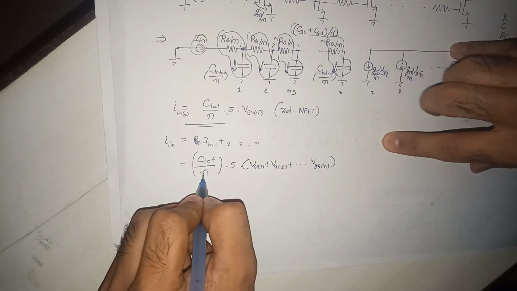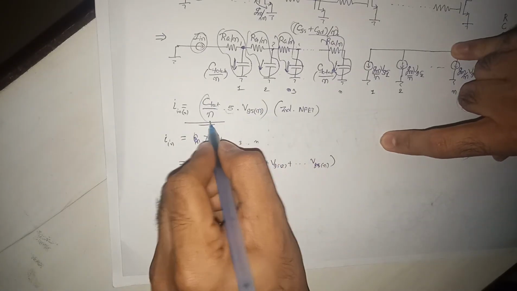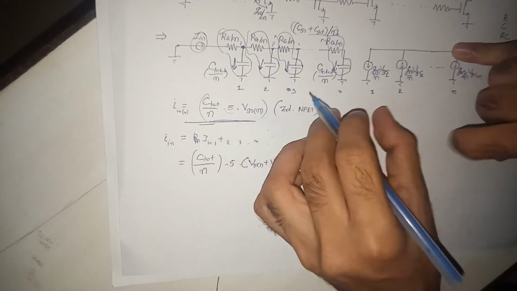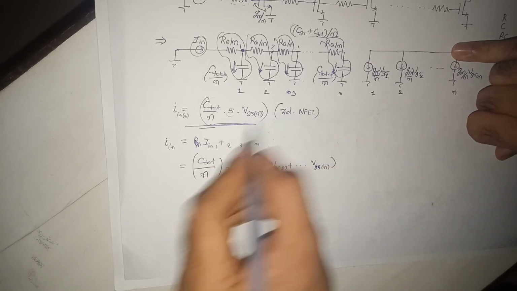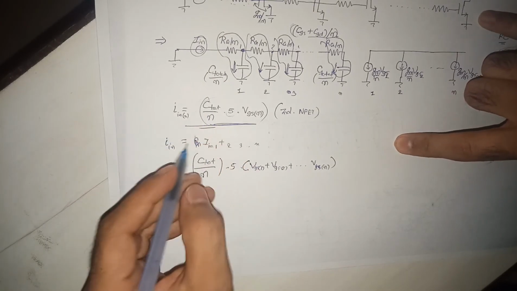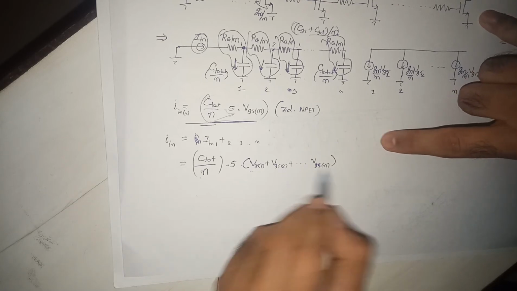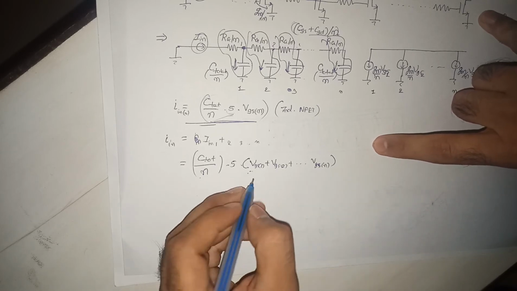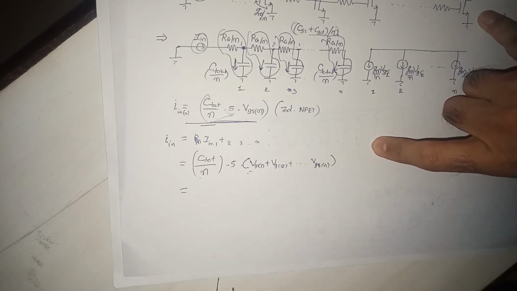Why? Because C total upon n is constant and s is constant, so this quantity will come repetitively in the plus relation. This constant term will come out, and whatever remains will be added. So VGS1 plus VGS2 up to VGSn, this will be your I in.